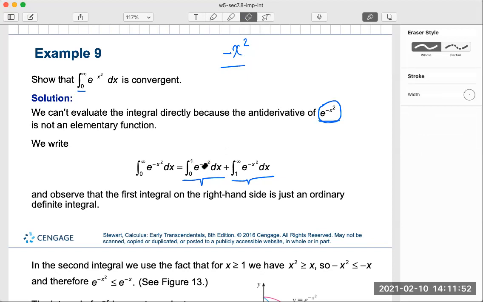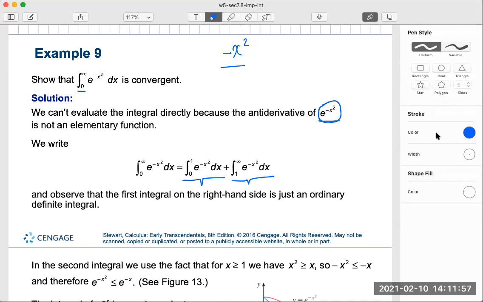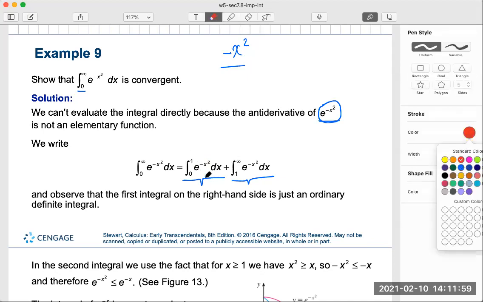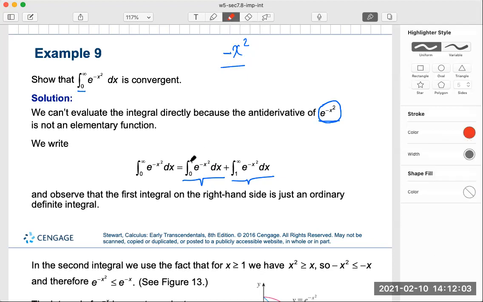But anyway, this integral, is it a constant or is it a function? It's a definite integral, right? It gives us the area under the curve. Therefore, it is a number, right?